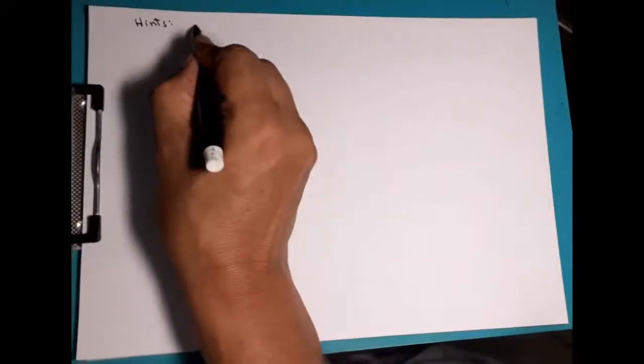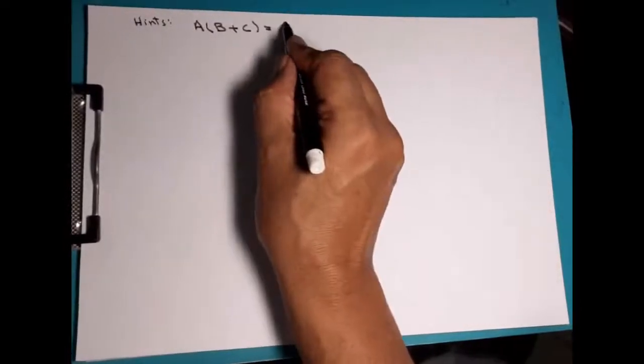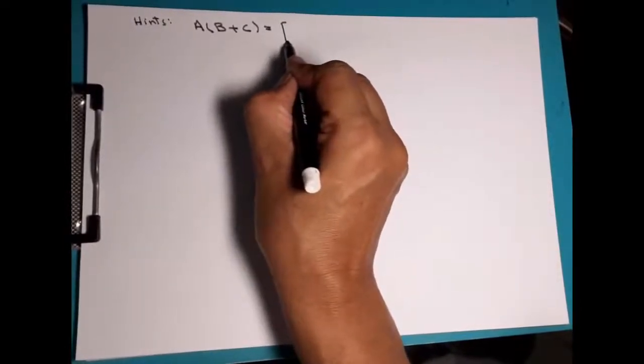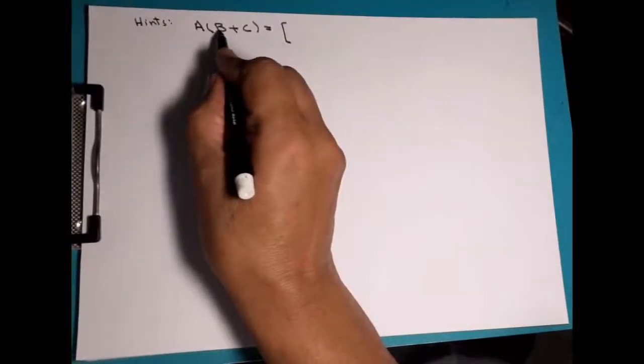So for the first law, let's take A multiplied with B plus C, and this is equal to, now we have to be very careful in writing that. We are going to write ijth entry of A multiplied with B plus C. So first of all, let's take jth column.